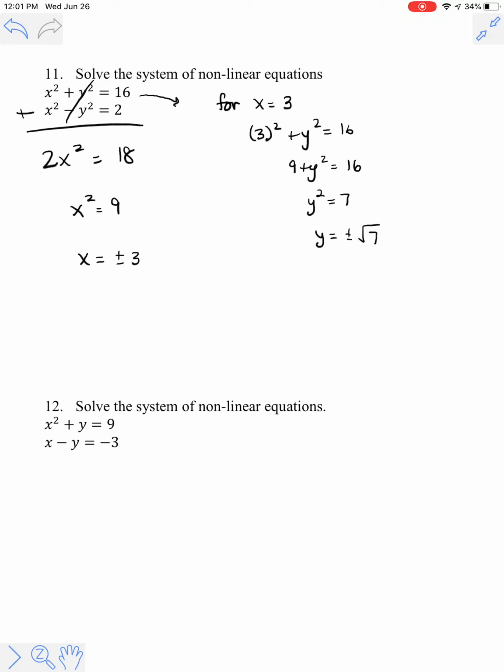So when x equals positive 3 for y, I get plus or minus square root of 7.